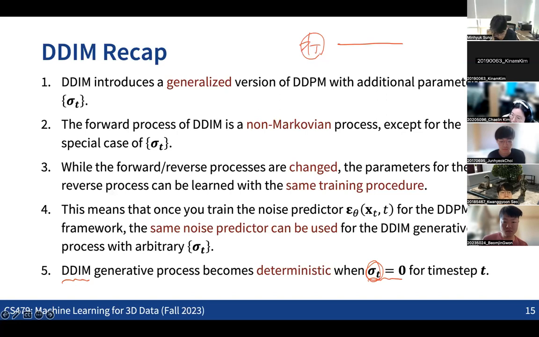You just run the propagation of the noise predictor, get the noise, and all the computation is deterministic, with no sampling from the unit Gaussian distribution. So these are the key facts of the DDIM.